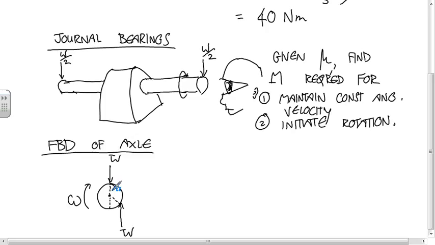Yep. It's the same thing, because if it's at rest and you're trying to figure out a threshold for motion, then yes, you draw this rotation the way you want to turn it.